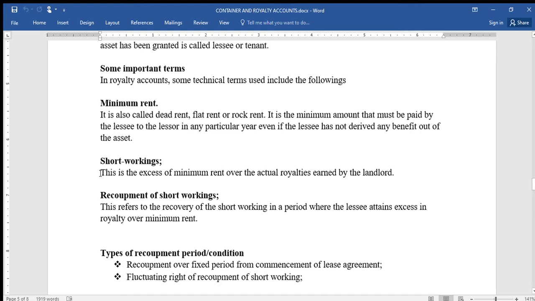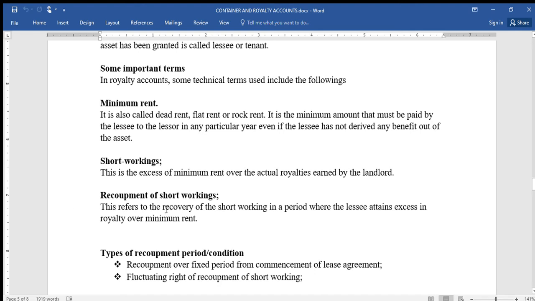So you are supposed to get the extra 100k from your pocket. You top up the 900,000 so that you give him 1 million. And that 100k that you get from your pocket is what we call short workings. Short workings is the excess of minimum rent over the actual royalties earned by the landlord.